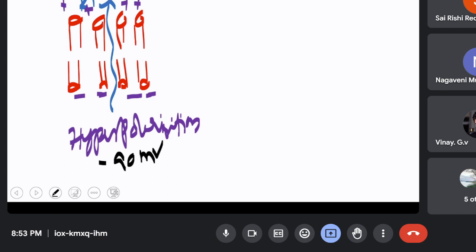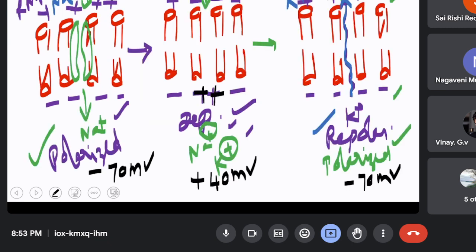But actually what is happening here is that there are more potassium ions outside and sodium ions inside, and the sodium ions now have to compensate for the larger number of potassium ions moved outside. Why? Because it has to be brought back to the polarized state.